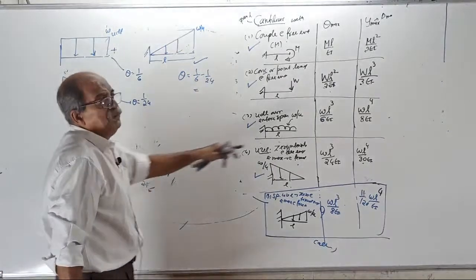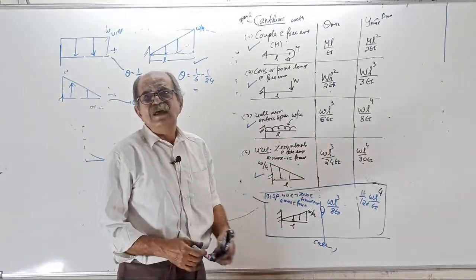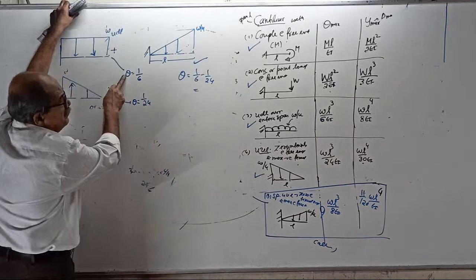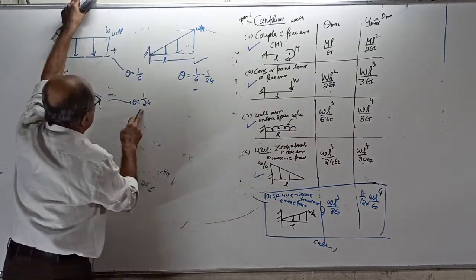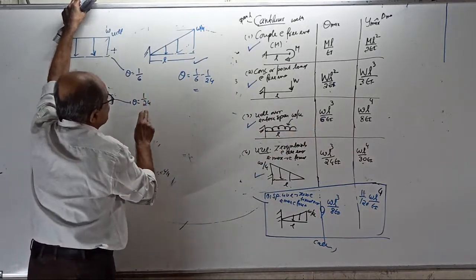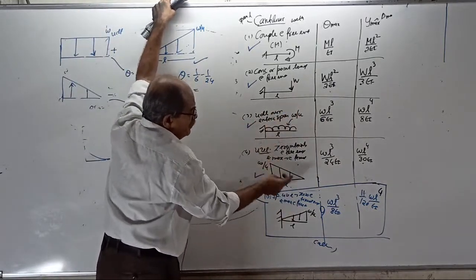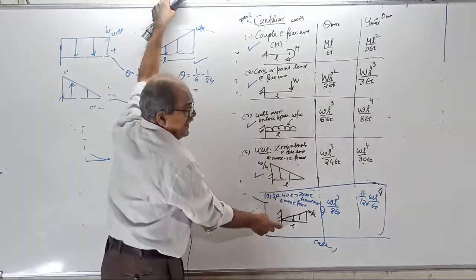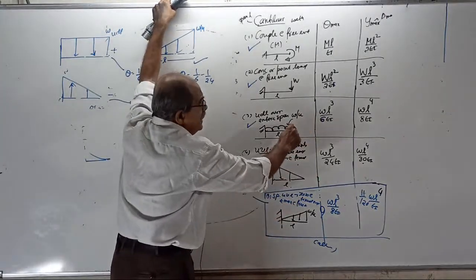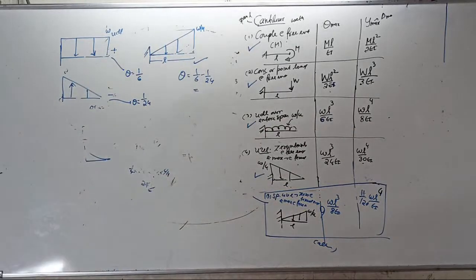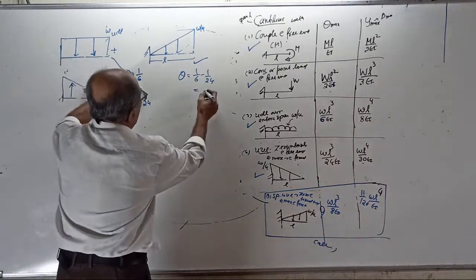UDL is 1 by 6, this is 1 by 24. If the special case comes, it equals the UDL case minus the regular case. Answer: 1 by 8. Correct? 1 by 8.